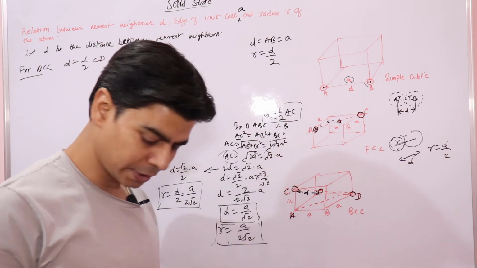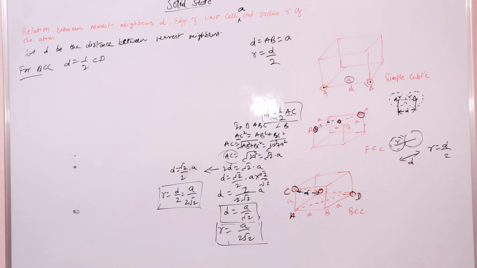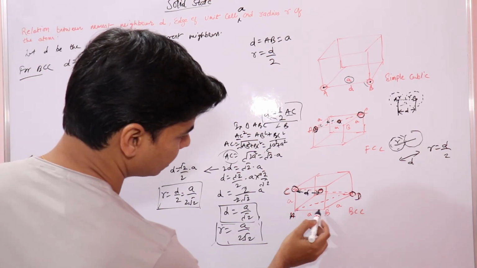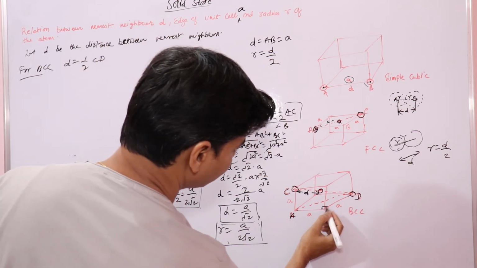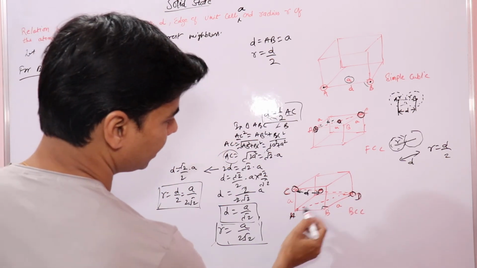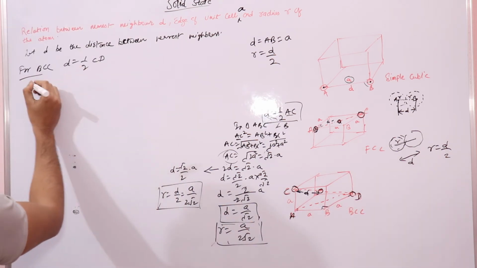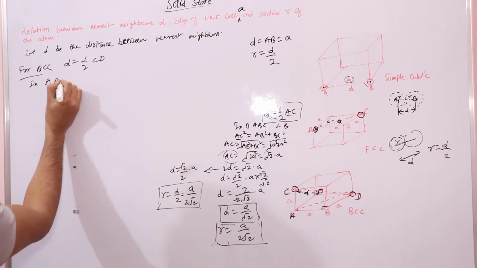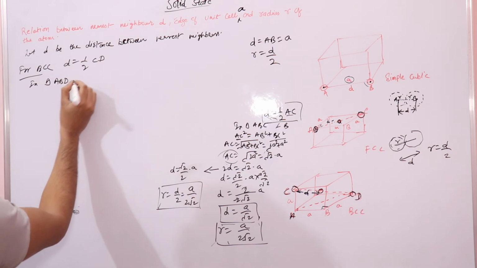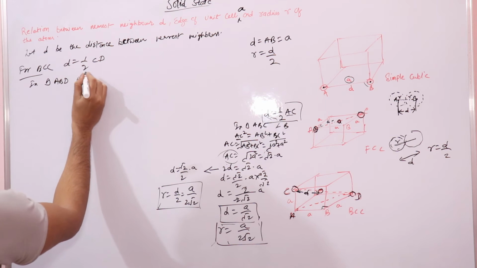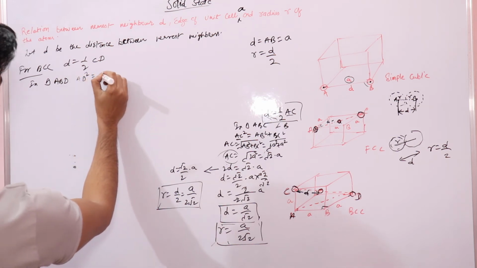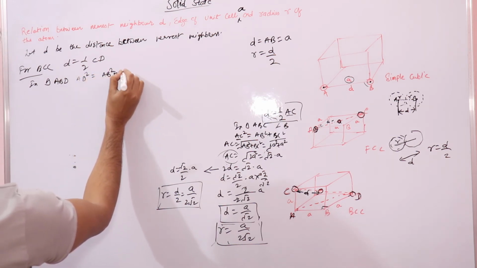Now again we'll apply the Pythagoras theorem. In triangle ABD, right angled at B, we have AD squared is equal to AB squared plus BD squared.